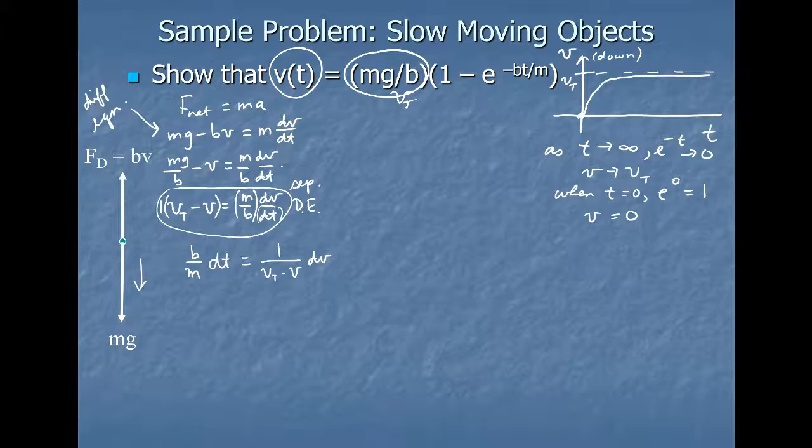Now, in order to integrate this, I'll write this part a little bit larger. We're going to integrate over a different variable, t prime, so that we can integrate from 0 to time t. Then over here, we're actually going to integrate dv prime over vt minus v prime, so that we can integrate this from 0 to v.